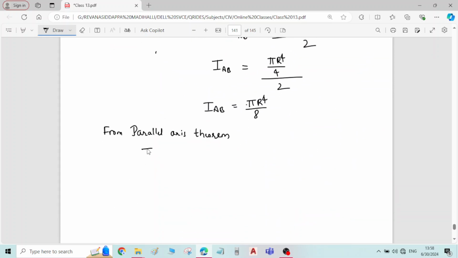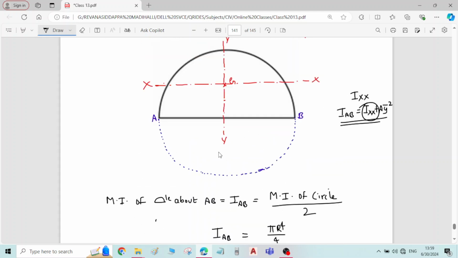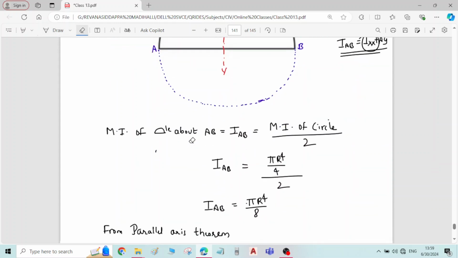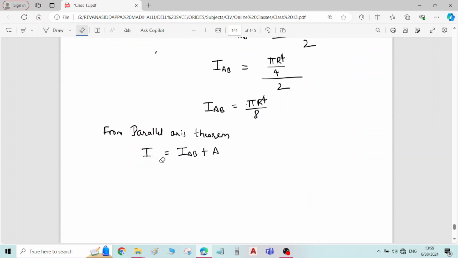Therefore Ixx is equal to, sorry, IAB is equal to Ixx plus A into y bar square.